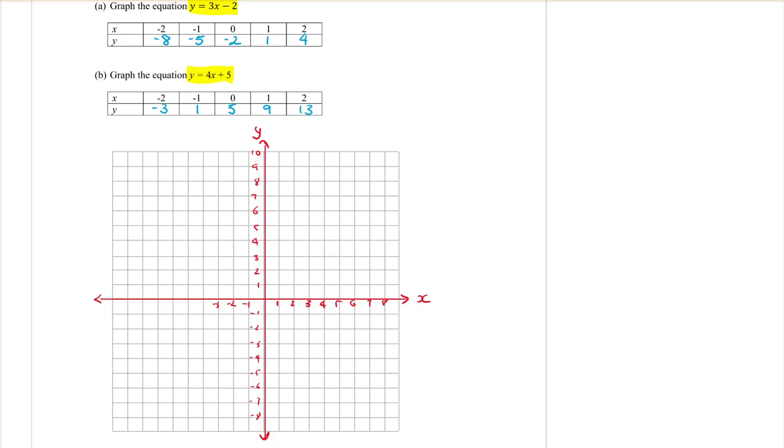All right, give you a second just to finish drawing that. Remember, the numbers are on the lines.